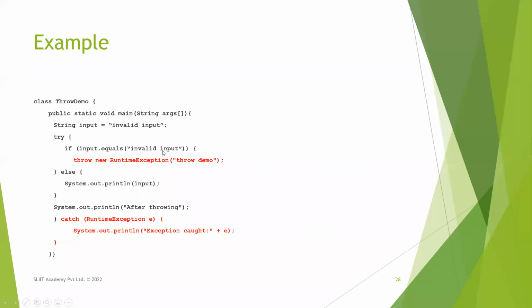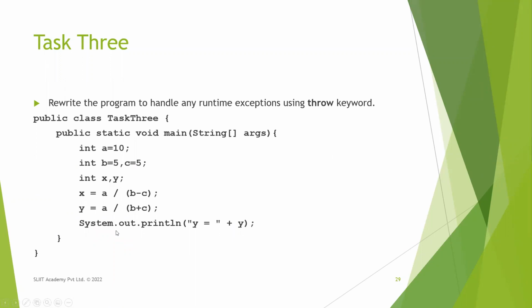If your inputs are invalid, we can just throw a new exception and catch it there. Like you asking the user for some input, and if it is invalid, you can just throw it and catch it in the catch block. So that is also possible.